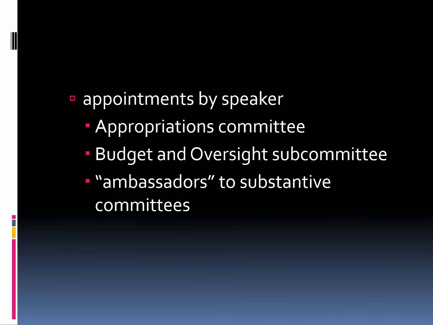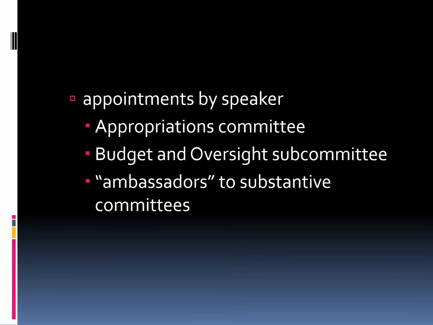So the Speaker of the House for the House of Representatives will appoint people to the Appropriations Committee as well as the Budget and Oversight Committee. Now, the House of Representatives has what's called the power of the purse. So they have everything to do with the money part.